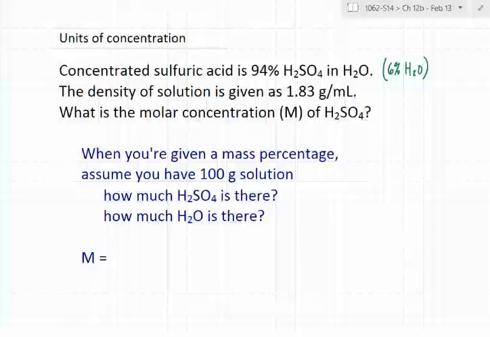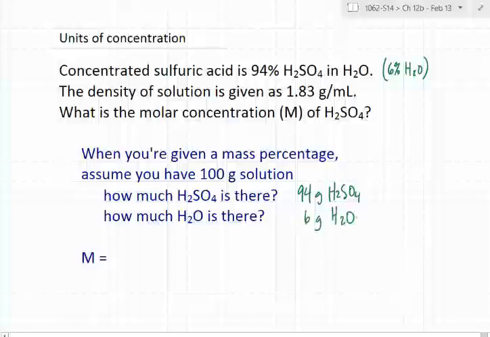That's just taking that percent and turning it into out of 100. So if that's the case, how much H2SO4 is in there? 94 grams. And how much H2O is in there? Okay. On a different question, not this one, where might this grams of H2O come in handy?